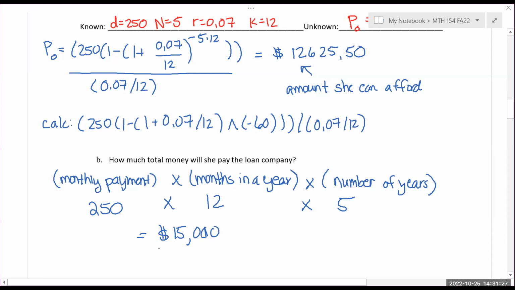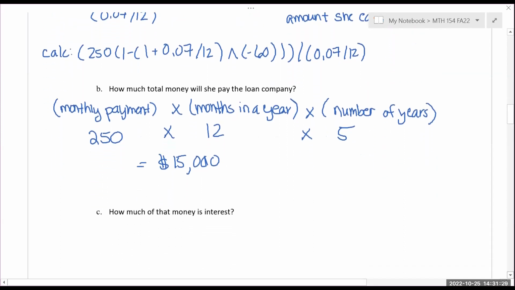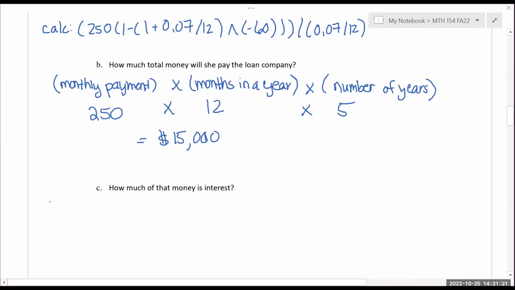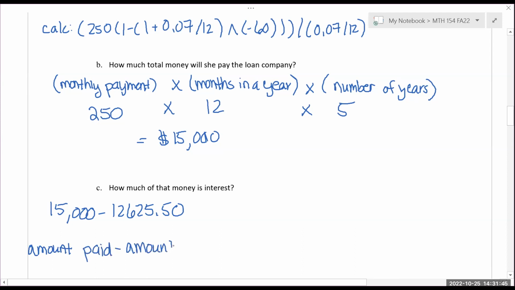The difference of that would be your interest payment. So your interest would be the amount that you actually paid minus the amount you financed. Okay, so make sure to grab all that.